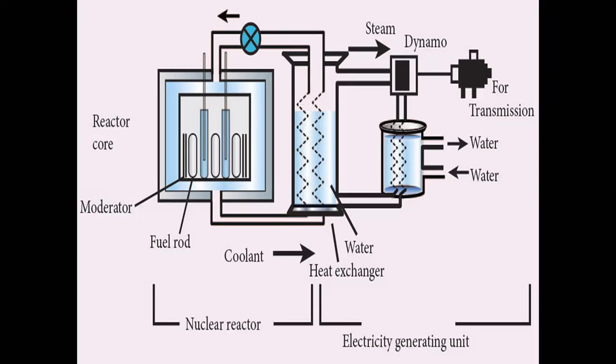in the nuclear reactor. Okay, so what are the components of the nuclear reactor? Fuel. So uranium is used as the fuel. Next one is moderator. So graphite and heavy water are used as the moderator. Next one is control rod. So boron and cadmium rods are used as the control rods.